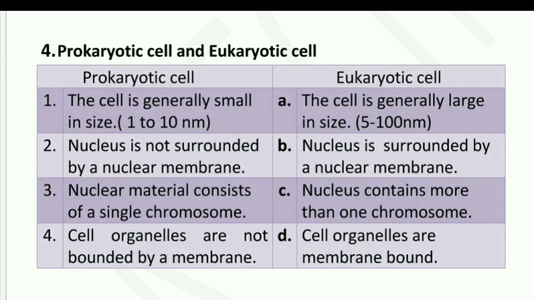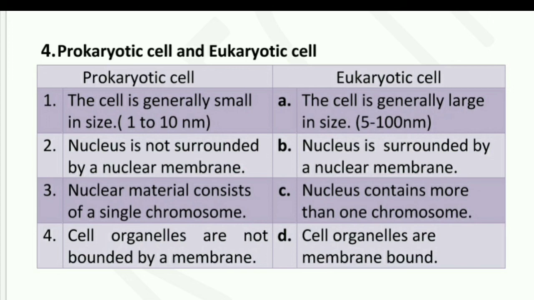Third point, in prokaryotic cell, nuclear material consists of a single chromosome. In eukaryotic cell, nucleus contains more than one chromosome. The fourth point, in prokaryotic cell, cell organelles are not bounded by a membrane.